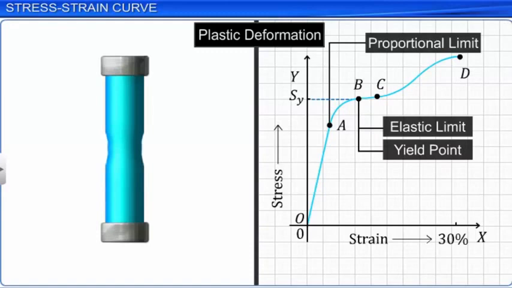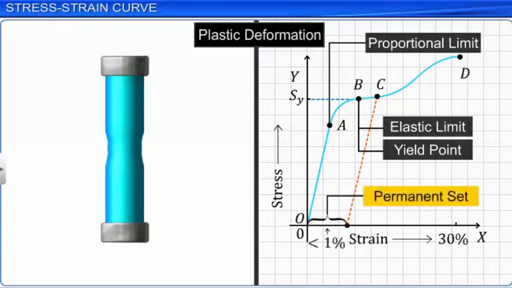The value of stress at this point is called tensile stress or breaking stress and is denoted by the symbol SU. It is also referred to as ultimate tensile strength. The stress is not uniform throughout the material.